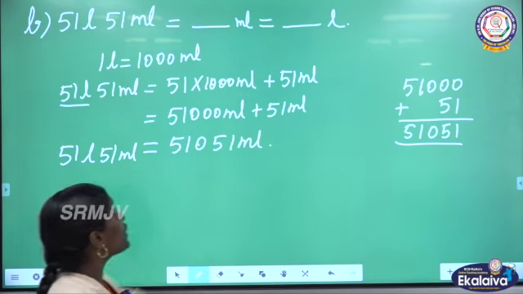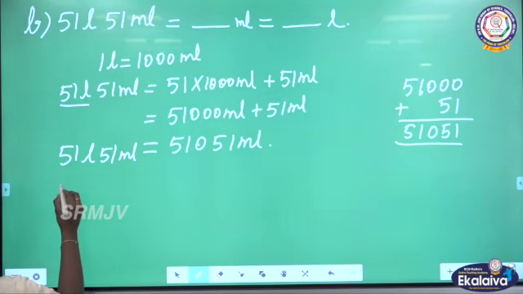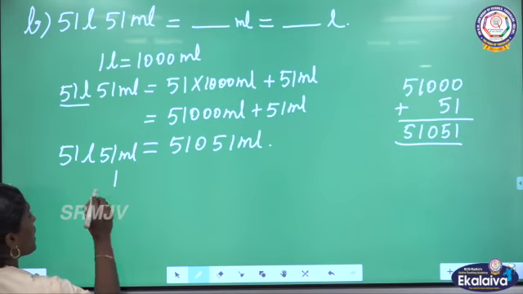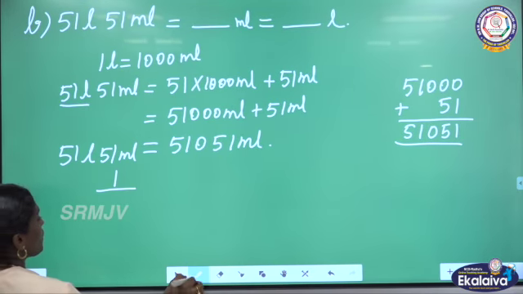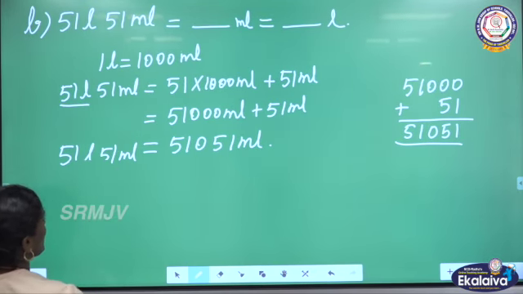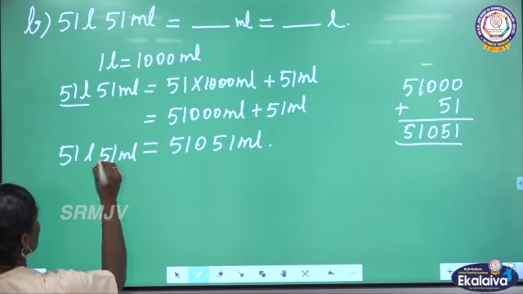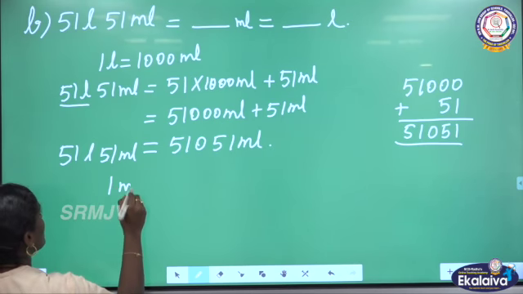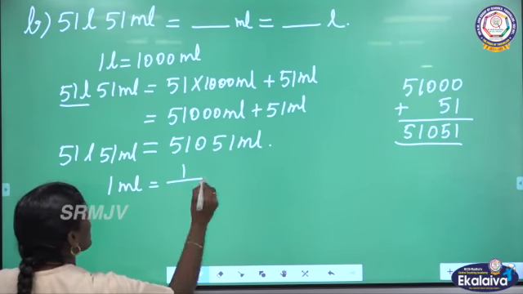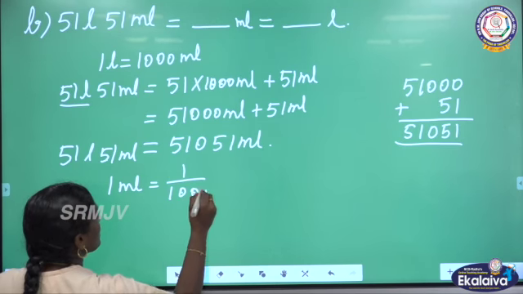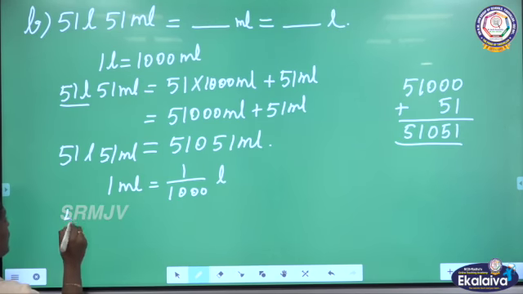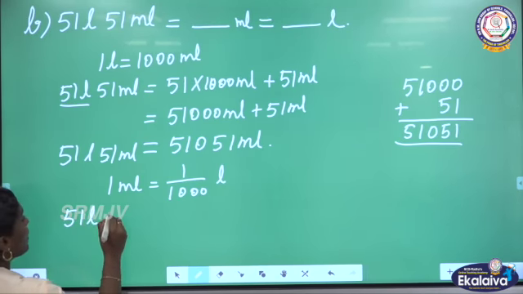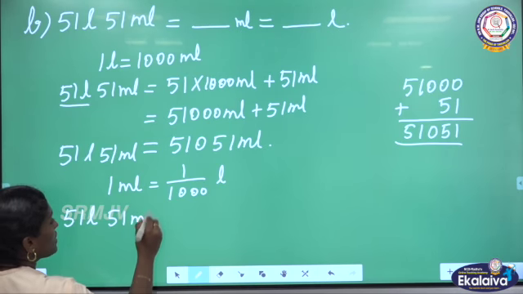Next we are going to convert it into liter. Okay, for that smaller unit to greater unit we have to use division. Okay, so 1 milliliter is equal to 1 by 1000 liter. Okay, here 51 liter, 51 milliliter is there.